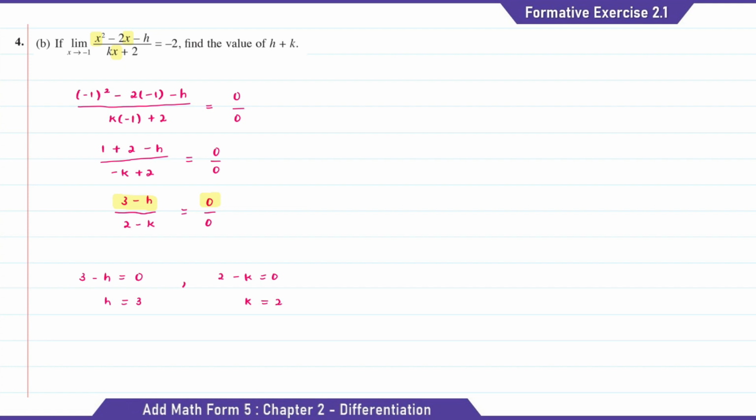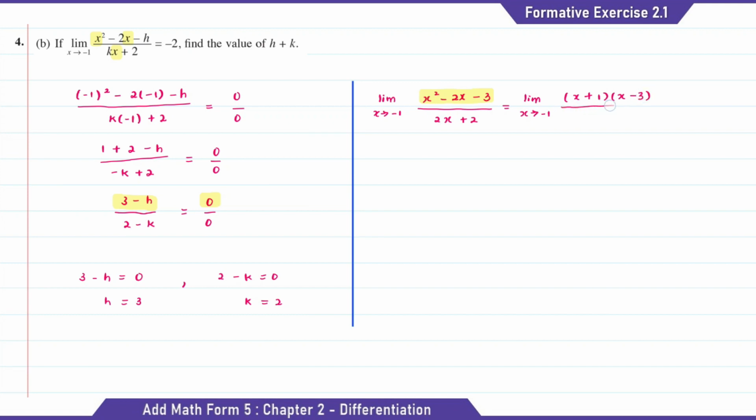To confirm that the answers of h and k are correct, I'm going to substitute them back into the limit. For the numerator, I can factorize this as x plus 1 and x minus 3. As for the denominator, I can factorize it as 2 bracket x plus 1. So now I can cancel the x plus 1.